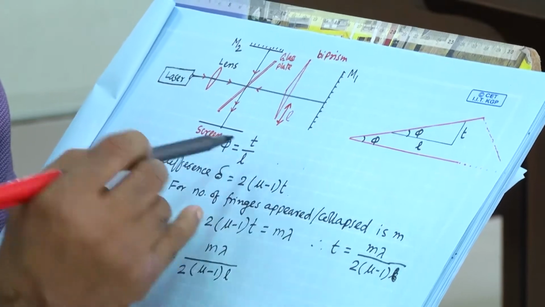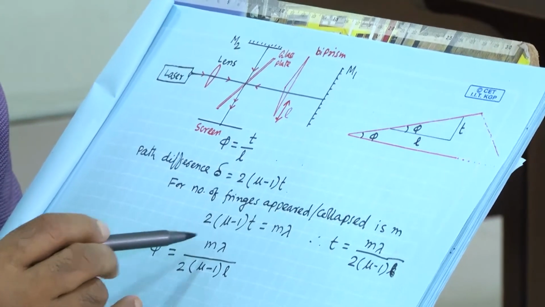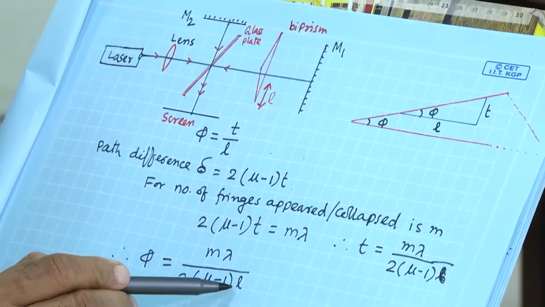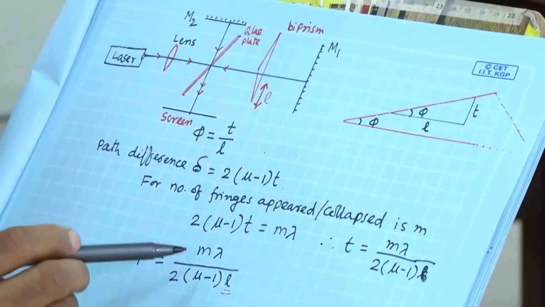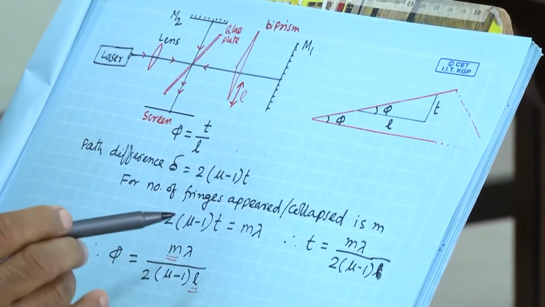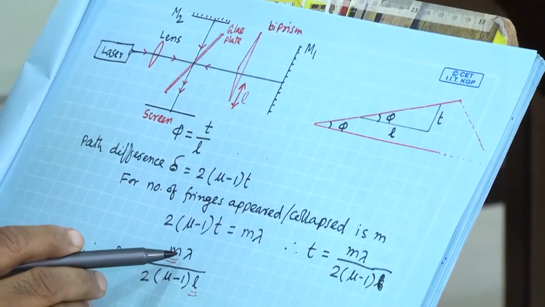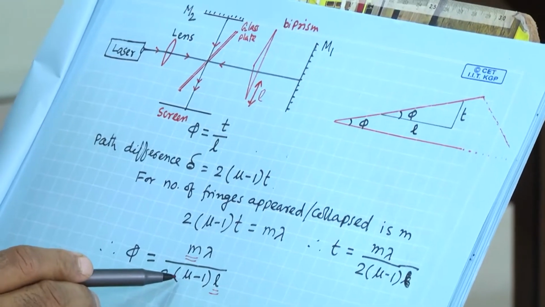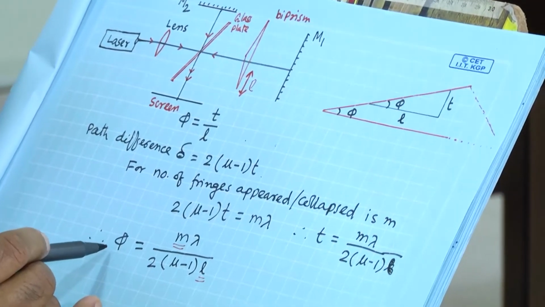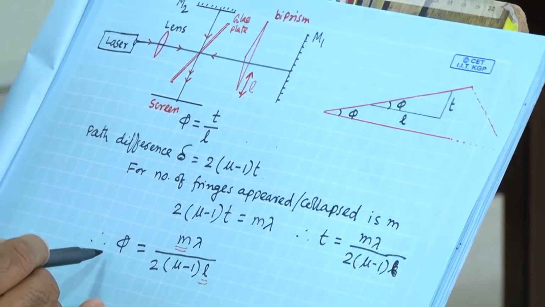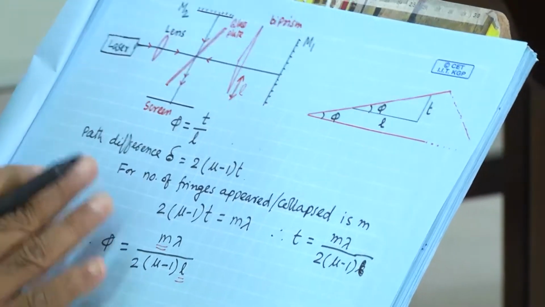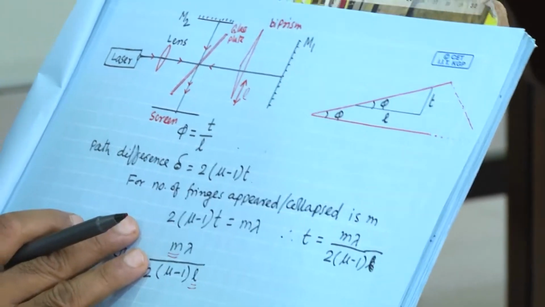If I put T here, phi is m lambda by 2(mu minus 1) into L. Experimentally we will find out m and L. Lambda is known from the previous measurement and mu is supplied, the refractive index of this one. Then we can calculate the angle of the biprism. So this experiment also we will do.